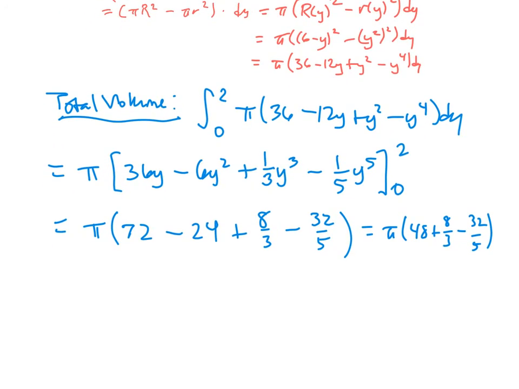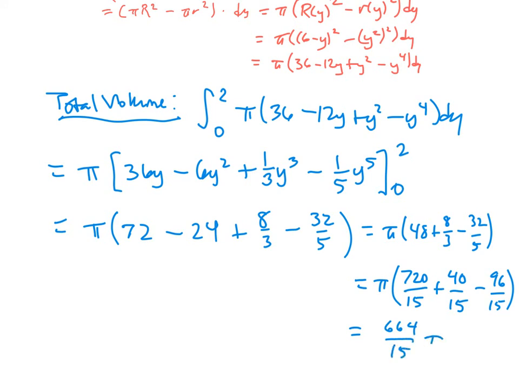I'm just going to put it all in 15ths. If you're still watching, God bless you. This is going to be 40 15ths minus 96 15ths, I believe. So I believe I'm going to get 760 minus 96, which is 664 15ths pi.